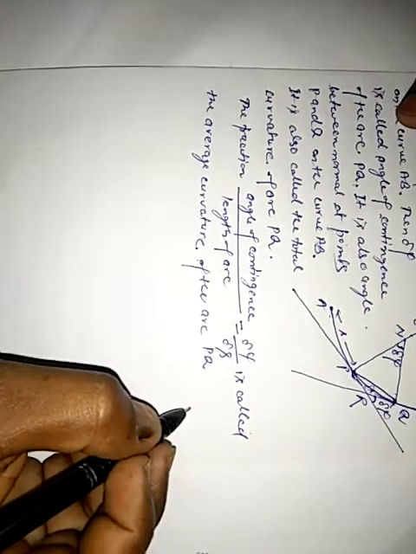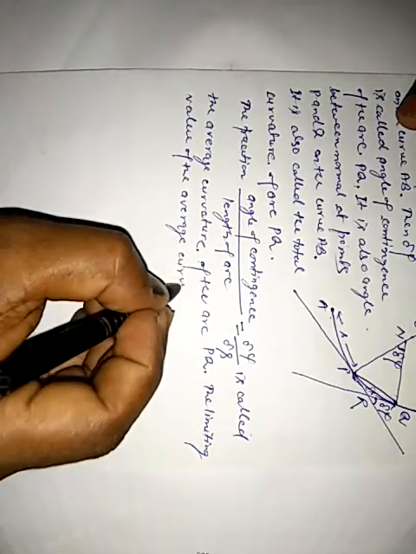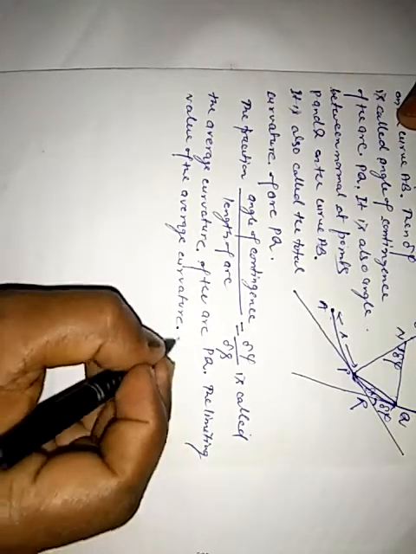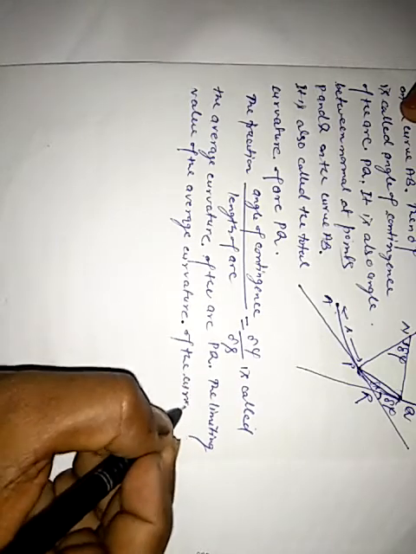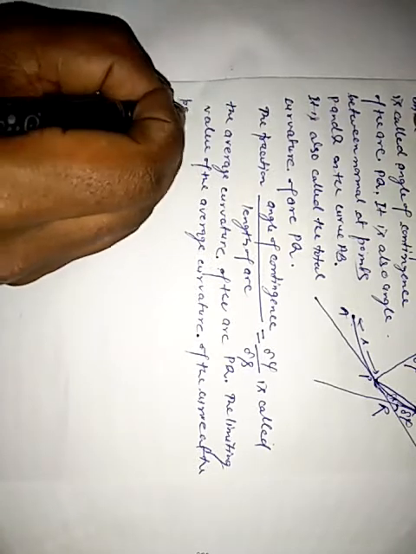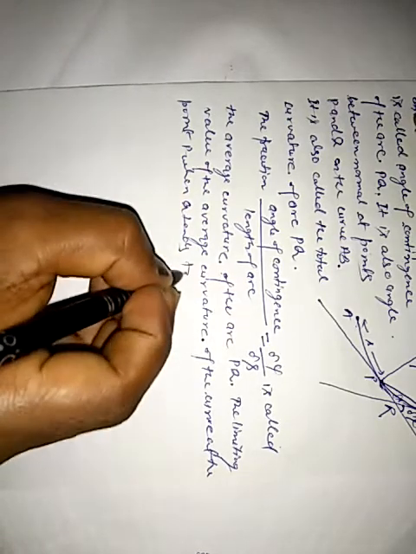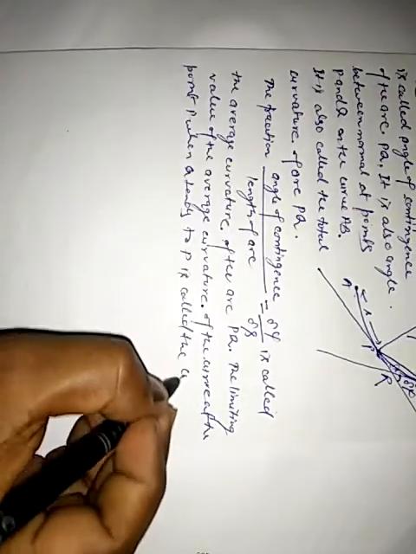The limiting value of the average curvature of the curve at the point P, when Q tends to P, is called the curvature.